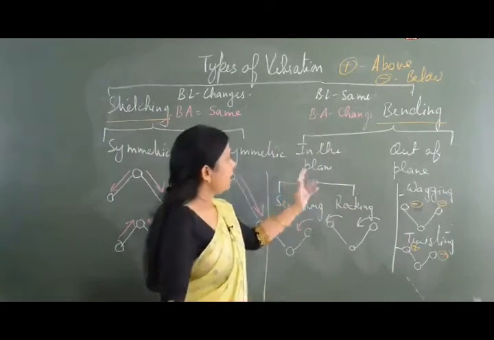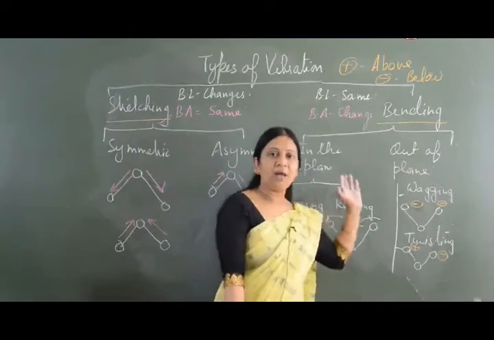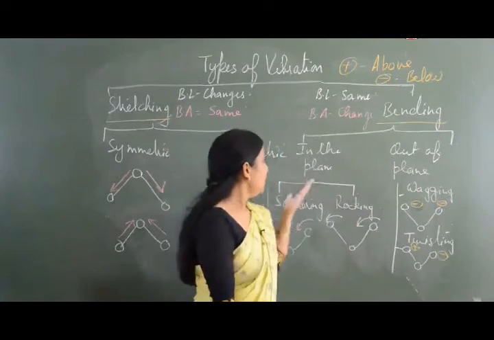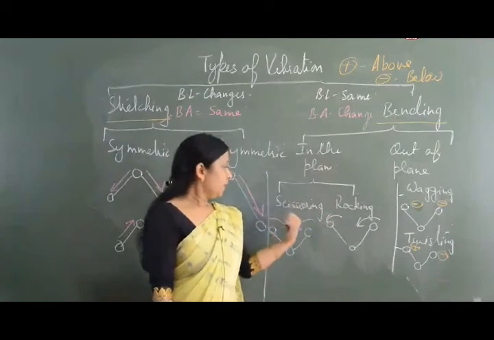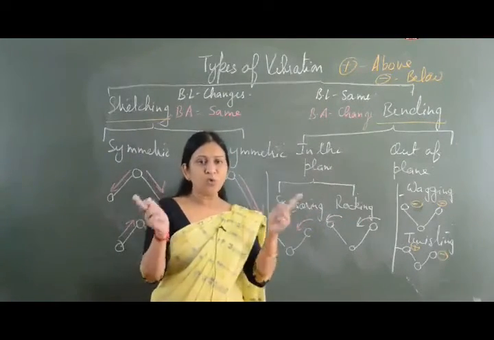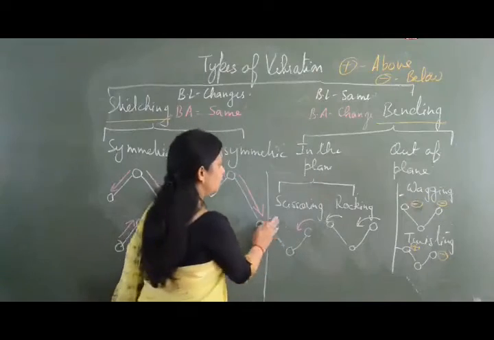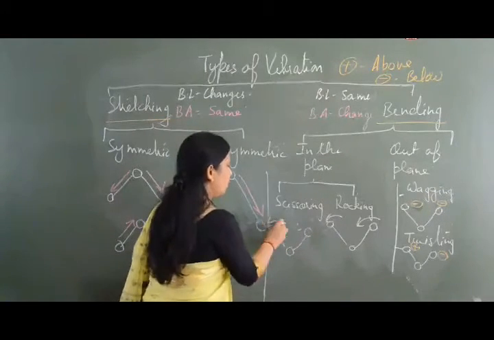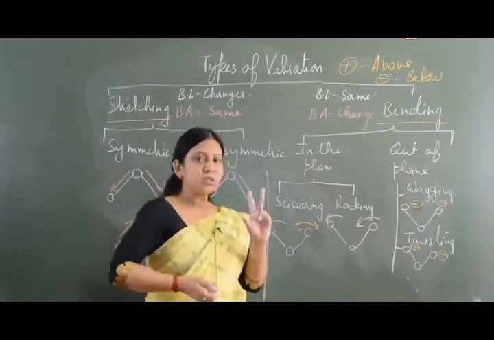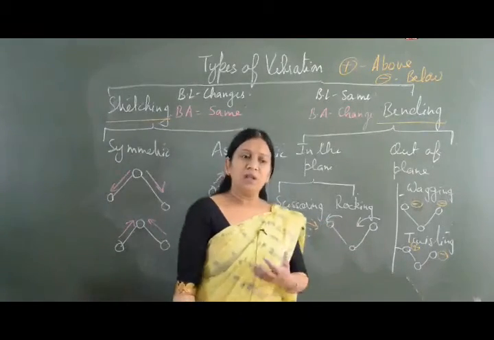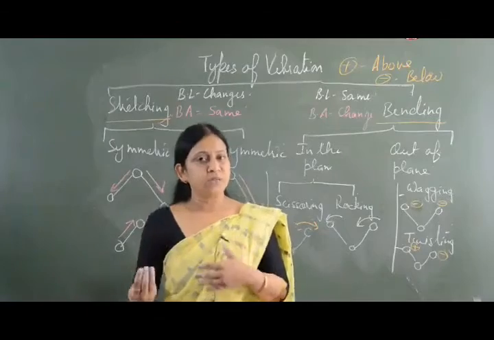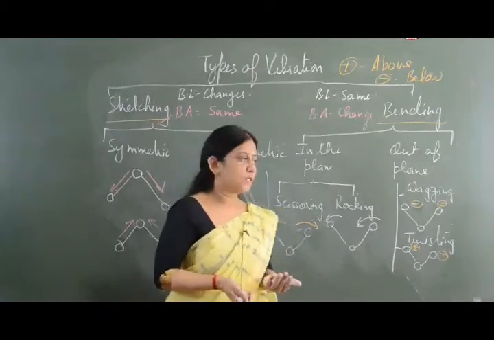When we come to bending, we have two types, in the plane and out of plane. In the plane bending is of two types, scissoring and rocking. Scissoring means the bonds are moving towards each other, as I have shown, or away from each other, like a scissor. Rocking means the bonds are moving either towards the right side or towards the left side.